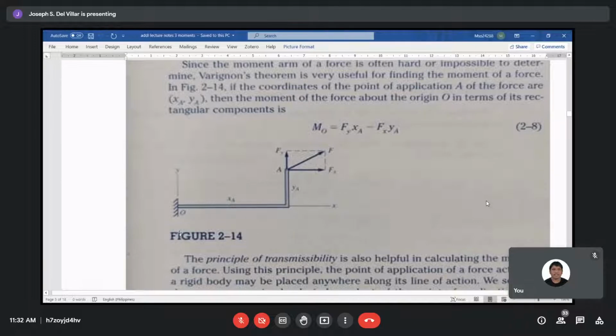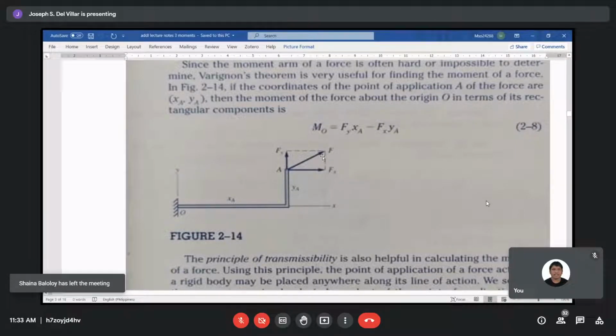Saan magi-intersect siya? Ito, drop a perpendicular line from O, downward to the right. So, mag-intersect siya with the line of action of the force. Itong maliit na distance na to, ito na yung moment arm.